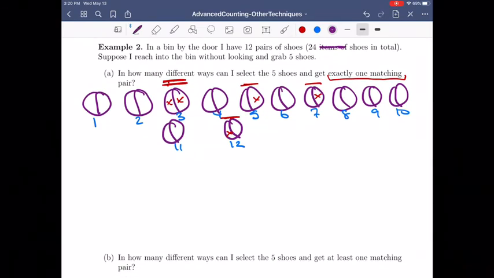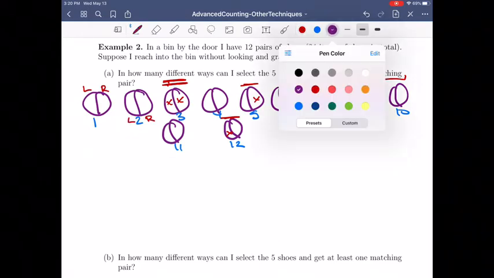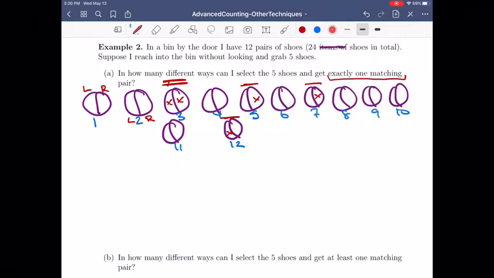Each shoe has a type, and then each of these has a left or right shoe. There are more colors, and each of these has a left and a right. That's why I've drawn them as 2s. So I want to know what type, and then which shoe of that type.